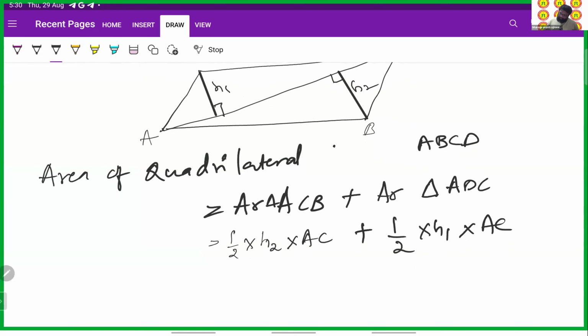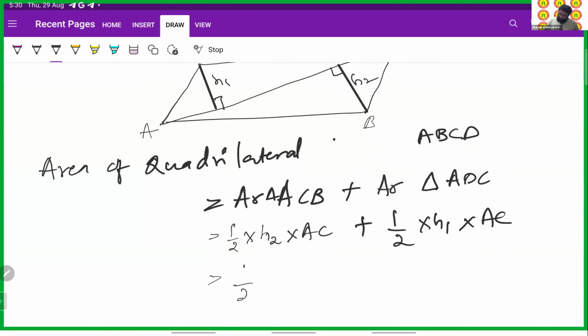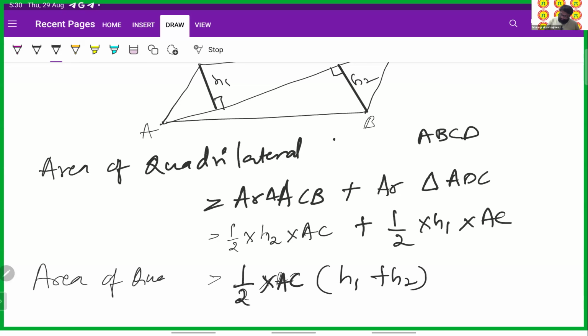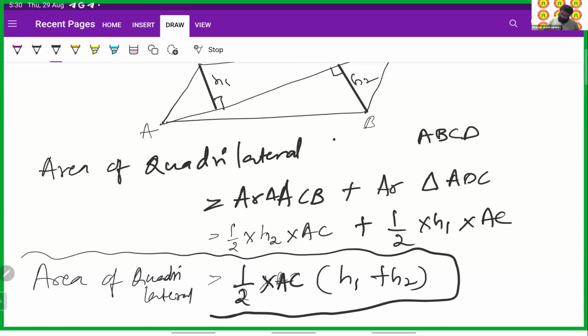If I take half into AC as common, you will get H1 plus H2. So area of quadrilateral will be half into AC into H1 plus H2.